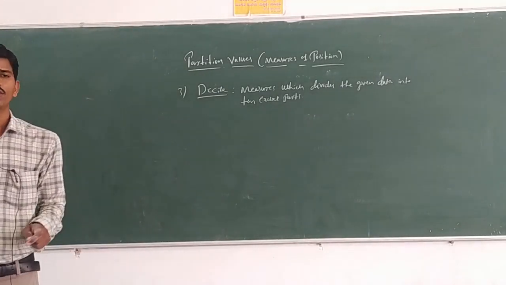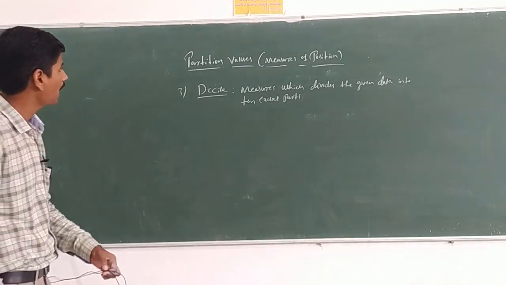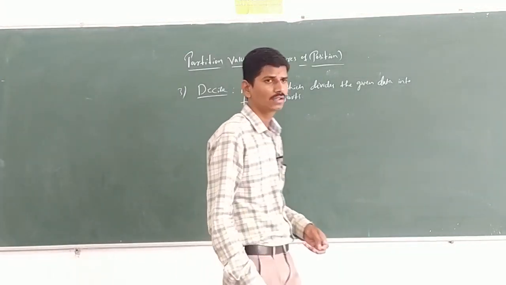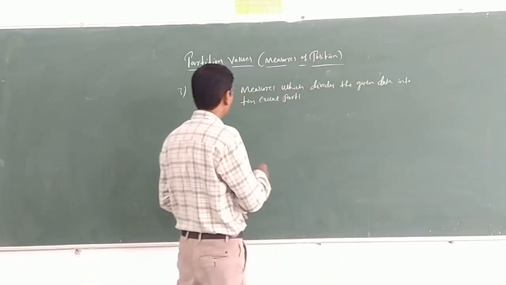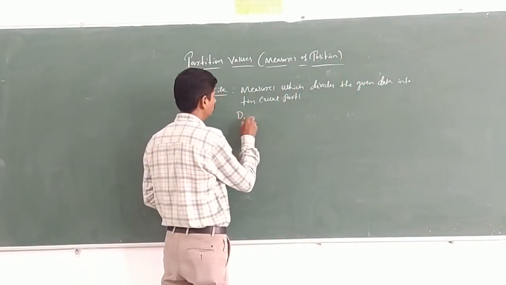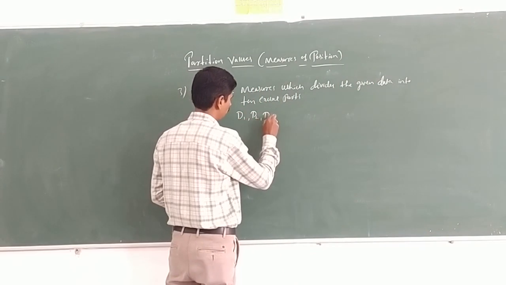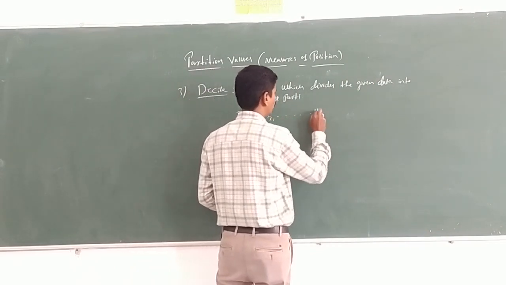There are totally 9 deciles, that is D1, D2, D3 and so on up to D9.